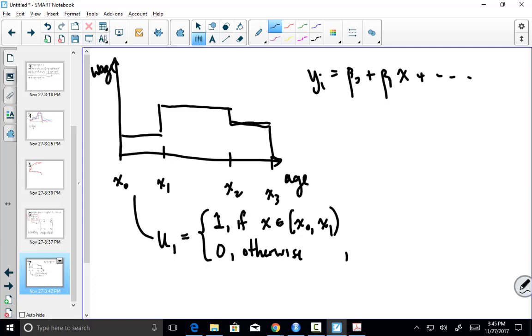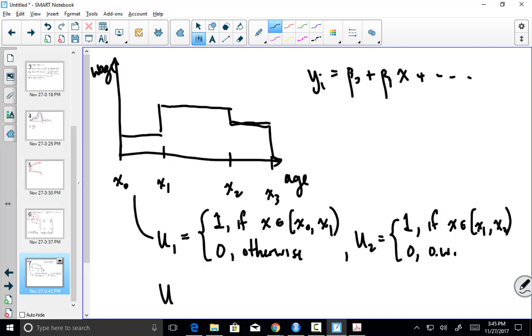Similarly, let's make u2 be a dummy variable, 1 if x is in the second bin, x1 up to x2, 0 otherwise. And finally, u3.